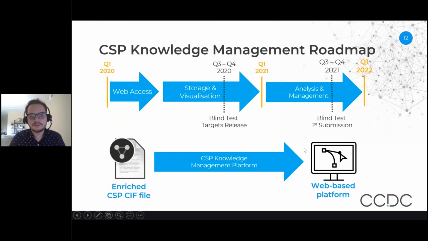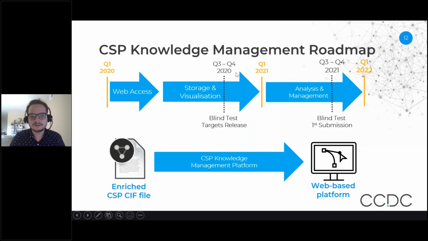Our roadmap for our CSP knowledge management solution includes, starting from Q1 of 2020, planning on doing work on web access, so accessing these predicted crystal structures via the web, which flows directly into our storage and visualization solutions, which we hope to begin rolling out by Q1 of 2021.